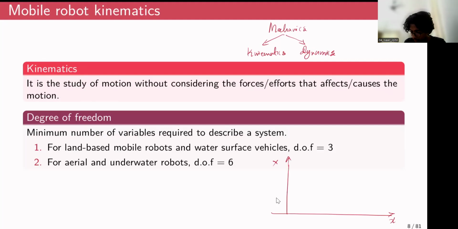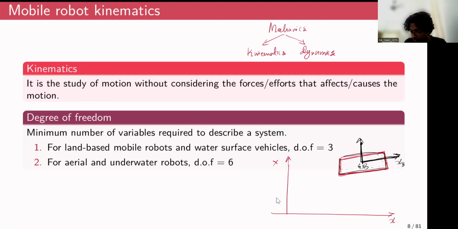you can consider this mobile robot to be a rigid body. The key advantage of considering it as a rigid body is that you can represent the positions and orientation of each and every point within this rigid body using a coordinate frame that is attached to that rigid body. I'll call this coordinate frame attached to the rigid body the coordinate frame B, X_B, Y_B, right?